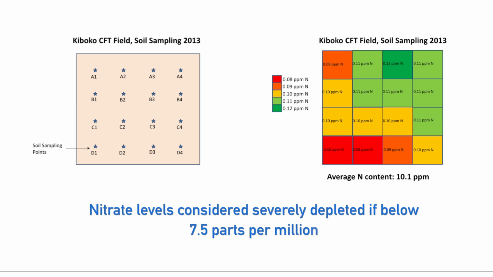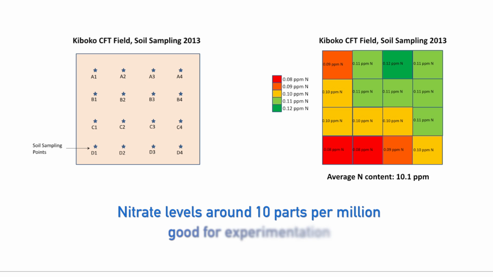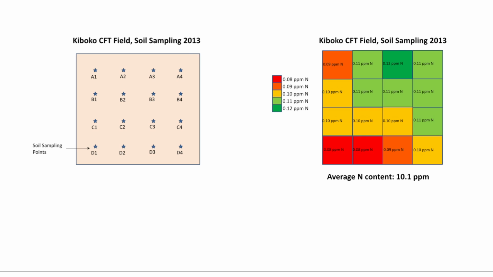Soils are considered severely depleted when nitrate levels fall below 7.5 parts per million. Values around 10 parts per million will provide good experimental conditions for detecting useful genetic variation. The heat map from Kiboko suggests that the site has been adequately depleted for low nitrogen stress screening with an average nitrate content of 10 parts per million.